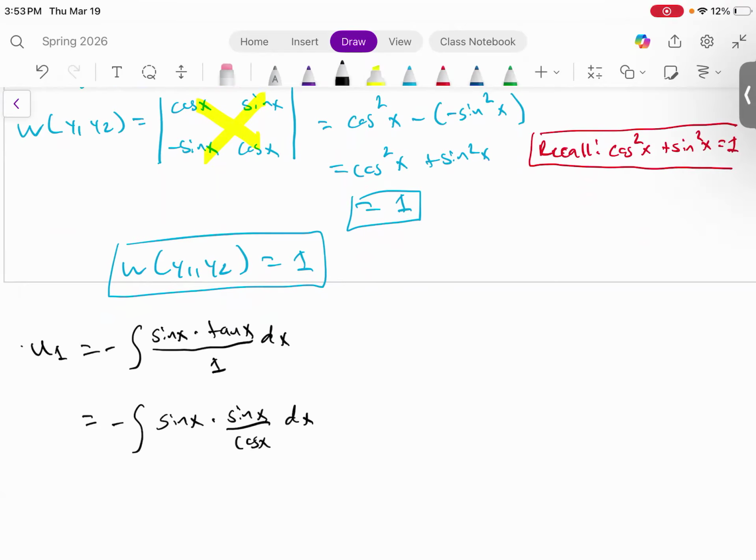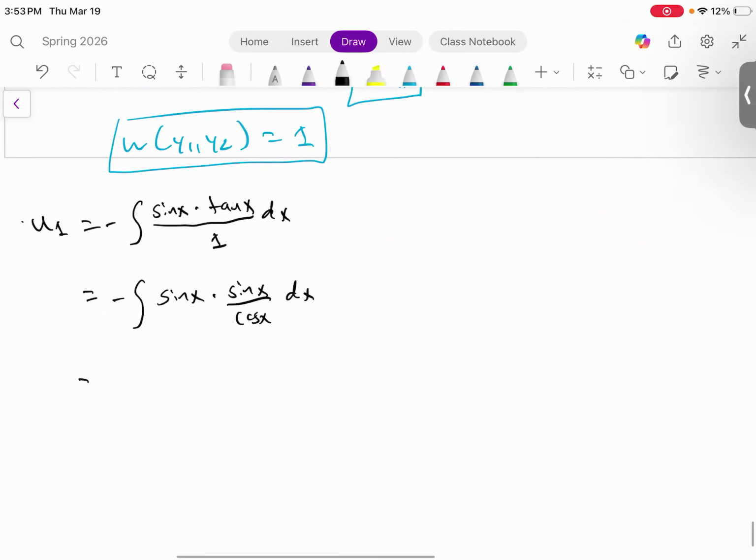And so I need to solve this integral. How would I solve this integral? So there's a couple tricks we can use for this. One thing we can do is combine the sines. So we'd have sine squared x over cosine x dx. And then what else can I do?